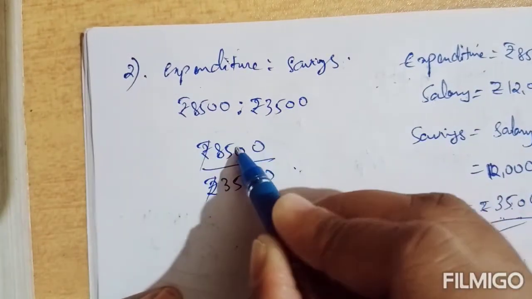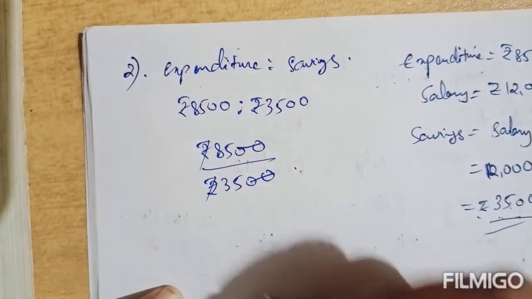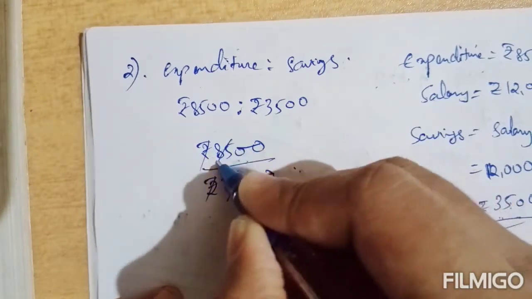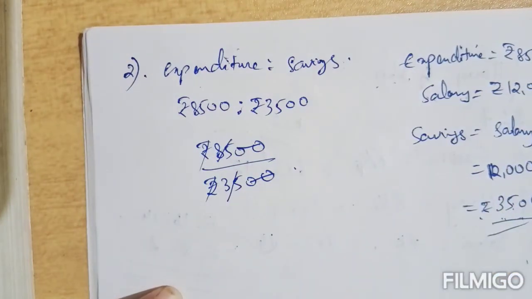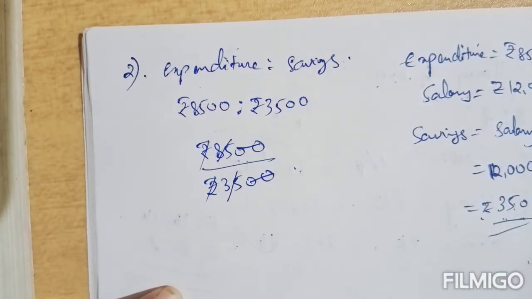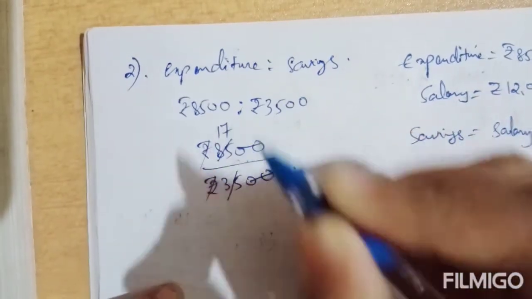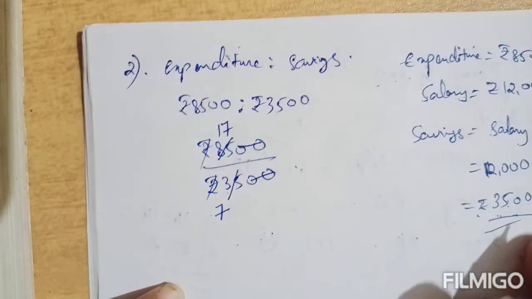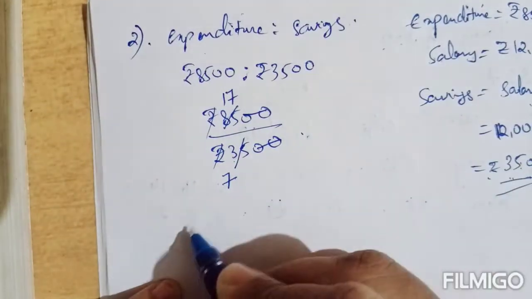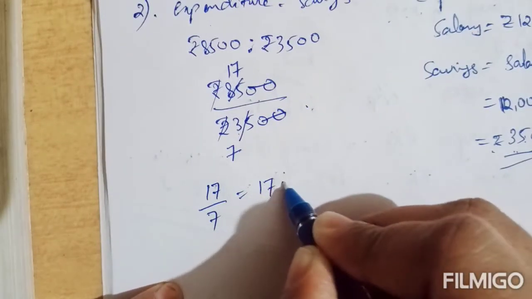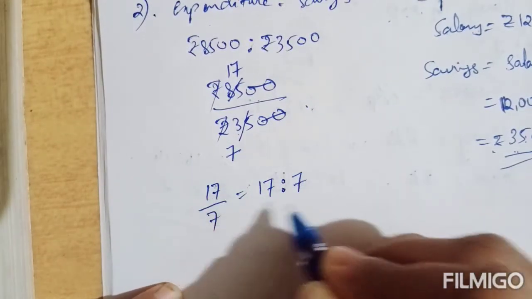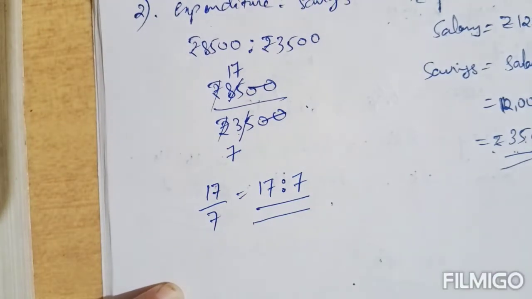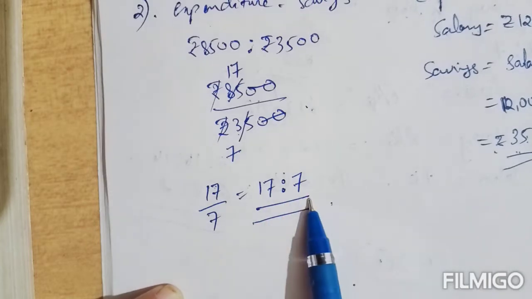Rupees we can cancel, 2 zeros we can cancel. Now 85 and 35 will go in 5. 85 divided by 5 is 17, and 35 divided by 5 is 7. So 17 by 7. Now A by B we can write it as A is to B. So 17 by 7 we can write as 17 is to 7. So this will be the ratio of expenditure to savings.